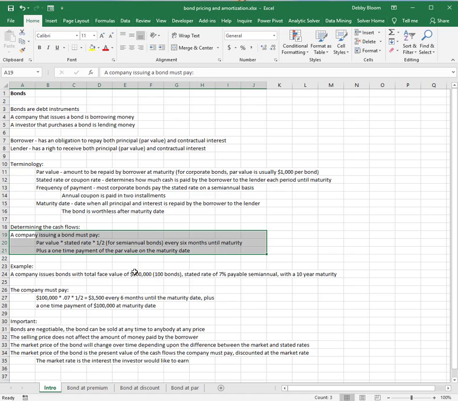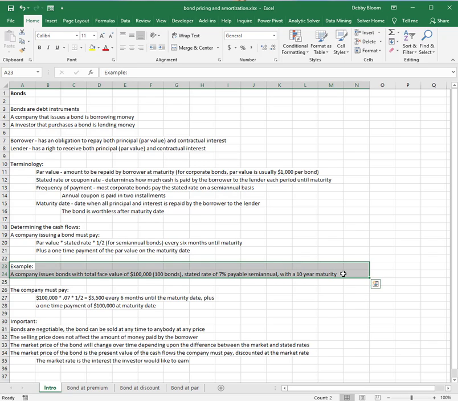So let's go through an example of this so we understand what's going on. In the example from your book, a company is going to issue bonds with a total face value of $100,000. So the company issued 100 bonds that each have a face value of $1,000. The bonds have a stated rate of 7%, which is payable semi-annually, with a 10-year maturity.